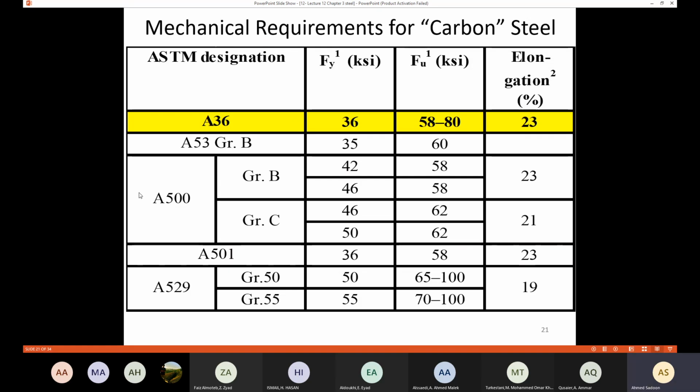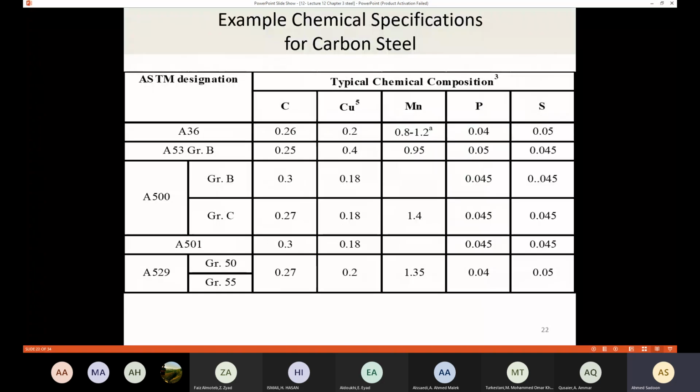Similarly here, if you know the grade of the steel, then you will be able to know the value of Fy, Fu, and the elongation. Similarly, we are going to do the same thing regarding the chemical composition. Again, if we have A36, here the percentage of the carbon is 0.26. Here we have the percentage of the copper.